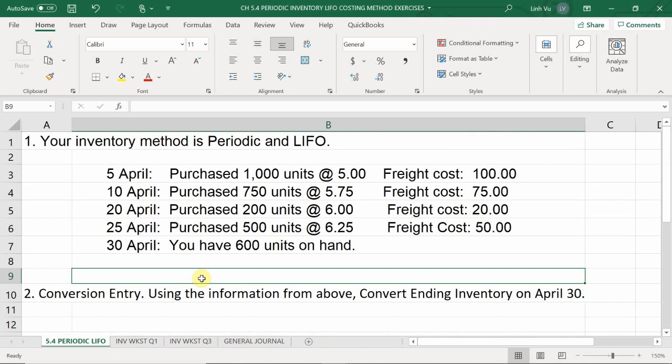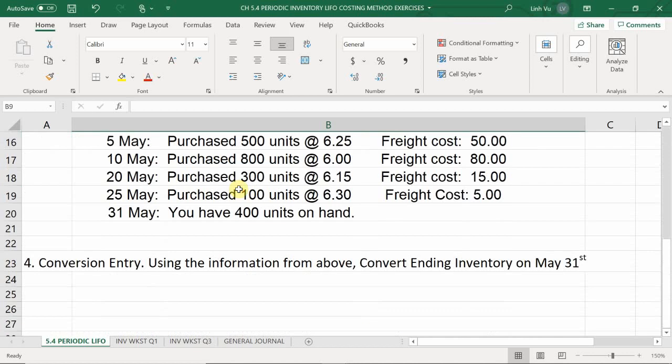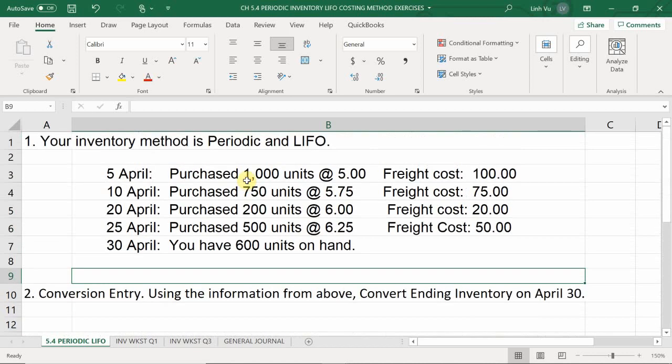Since we've been doing the same journalizing for part 1, I'm going to have you journalize the second part instead. You won't practice this one because it's rinse and repeat, the same exact numbers. We'll just fill in the worksheet for part 1, but you are still going to do your conversion entry for question number 2. I hope that makes sense.